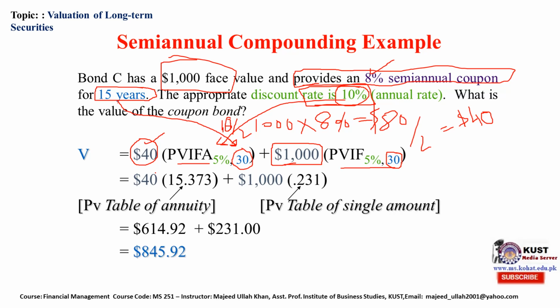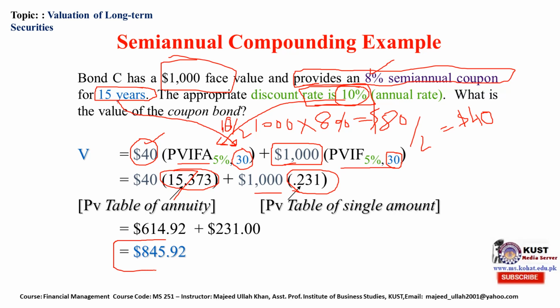Now $40 multiplied by the present value interest factor for annuity, we get this amount from the present value of annuity table. For the 1000, we get this amount from the single amount table, at 5% for 30 periods. So by multiplication, we get $641 and $231.